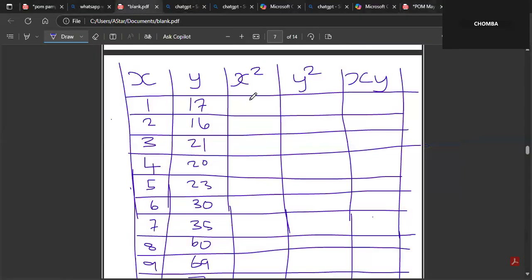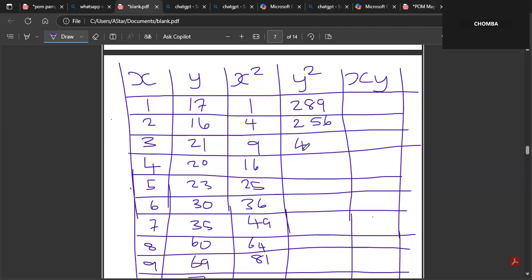So for X square, it's 1, 4, 9, 16, 25, 36, 49, 64, 81. You also do the other ones. So 17 square is what? 289. 16 square is what? 256. 21 square, you're there, not so?